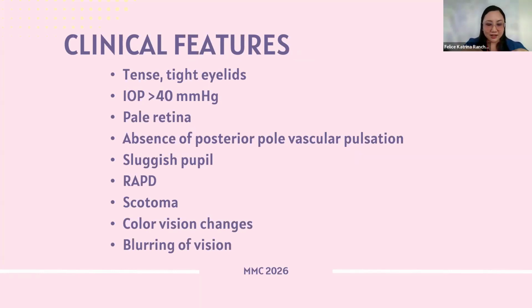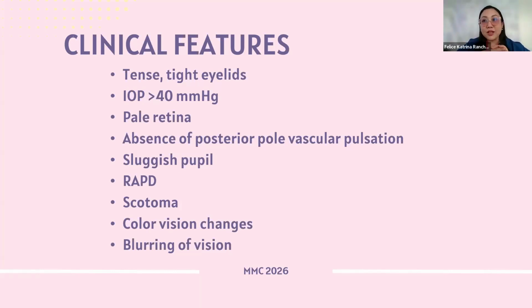And since whatever pressure in the orbit gets transmitted to the globe anyway, we can use intraocular pressure as a proxy measurement. So if the intraocular pressure is increased, we can assume that intraorbital pressure is likewise increased. So an IOP of 40 is a reasonable threshold to rule in OCS. So we should also look for evidence of ischemia and or loss of function.